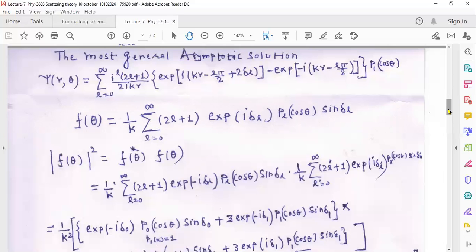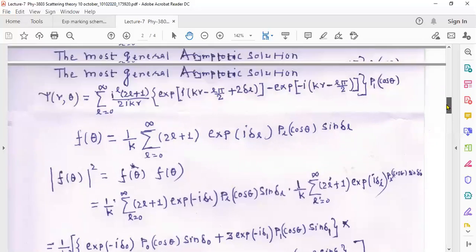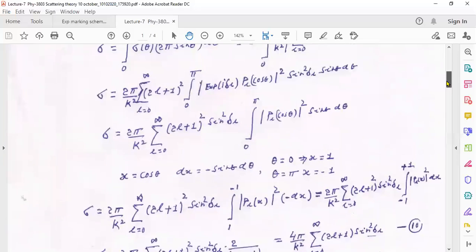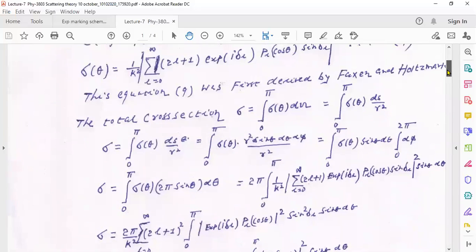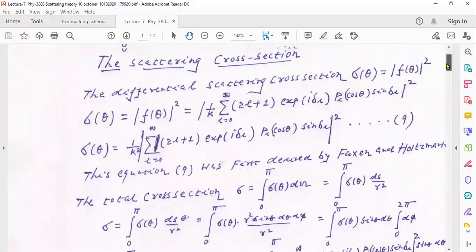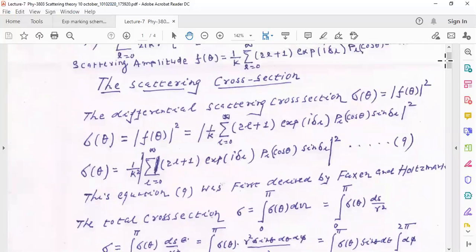And now let me explain how to compute the differential scattering cross section. So let us study now how to find the scattering cross section. The differential scattering cross section sigma of theta is independent of phi, because the particle is moving along the z axis.